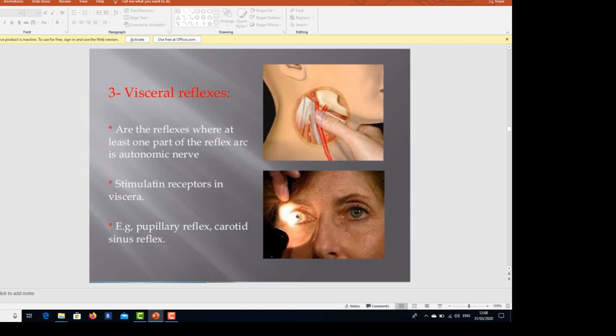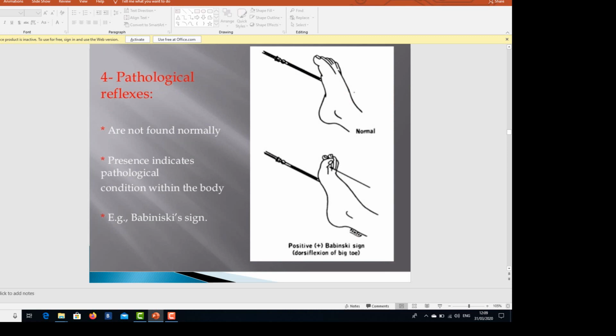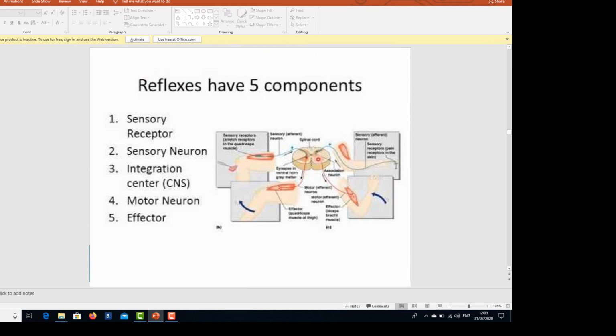There is stimulation of receptors in the viscera. For example, carotid sinus reflex, then pupillary reflex, etc. Then we have pathological reflexes. These are reflexes which are not present normally, and their presence indicates that some pathology or some disease is there in the body. For example, Babinski's sign is one of the beautiful examples of pathological reflexes.